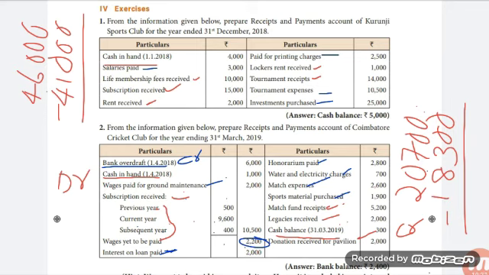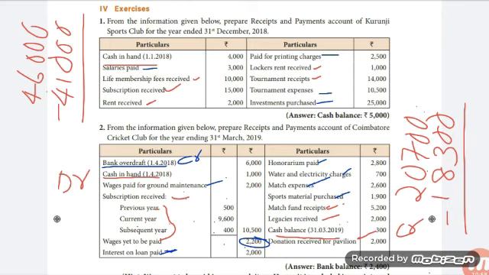Okay, how? First enter subscription received, inner column previous year 500, then current year 9600, then subsequent year 400, underline, outer column 10500. Okay children, got it? How? First debit side to balance brought down cash in hand, outer column 1000, then to subscription received, inner column previous year 500, current year 9600, subsequent year 400, underline amount in outer column 10500.